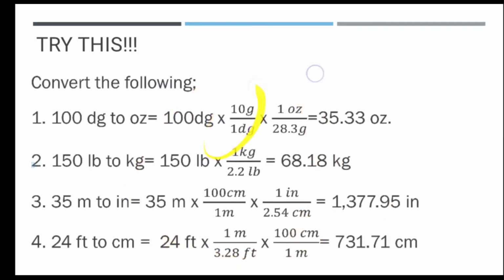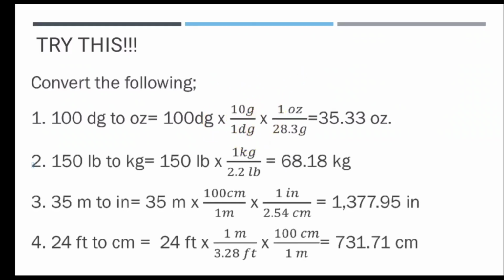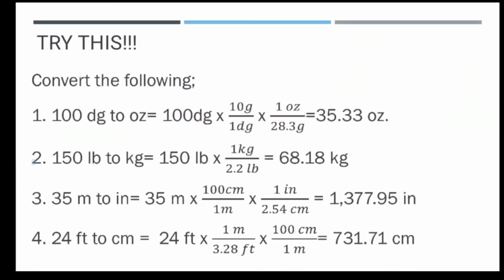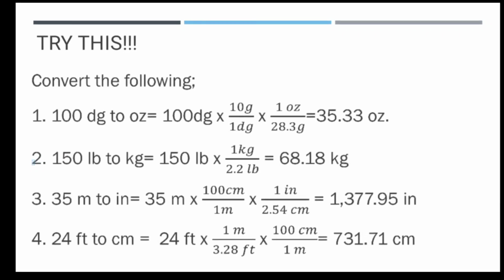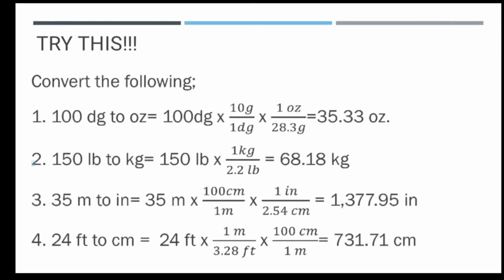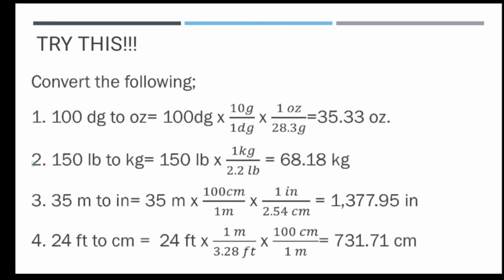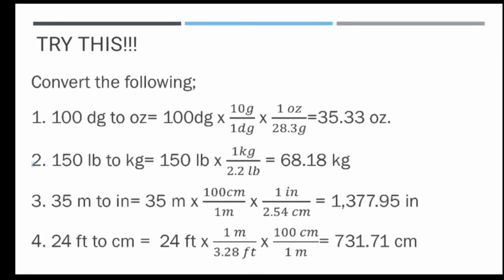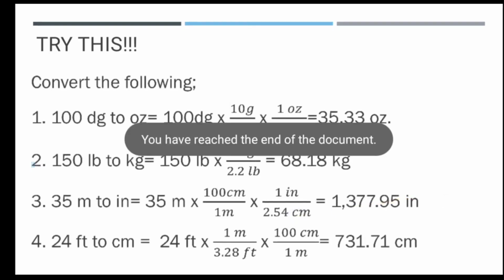We have a fraction, then we have multiplication. And you have to familiarize yourself with the other conversion factors like from inches to feet, from ounce to kilogram, or from pounds to kilogram, and the like. You have to familiarize yourself with that for us to convert the given measurement correctly to the other measurement.